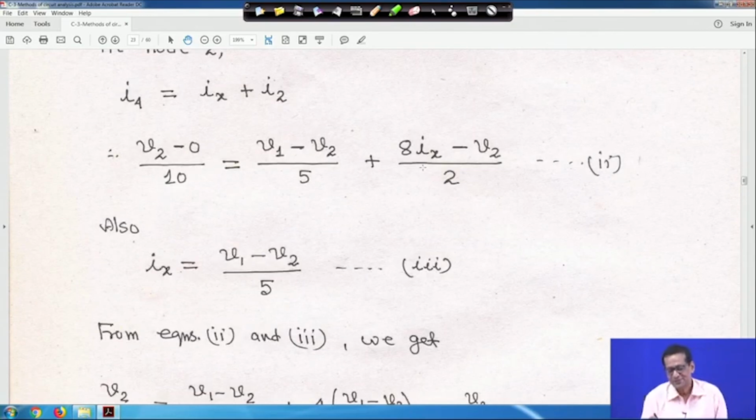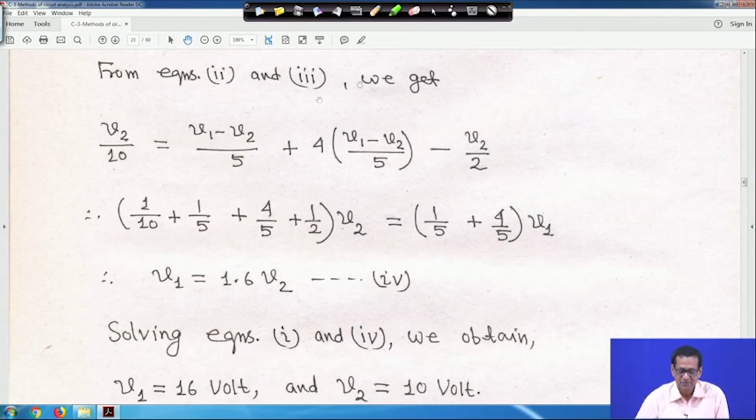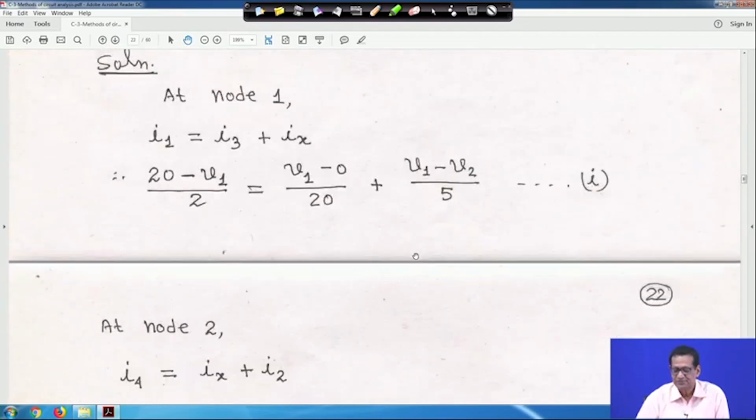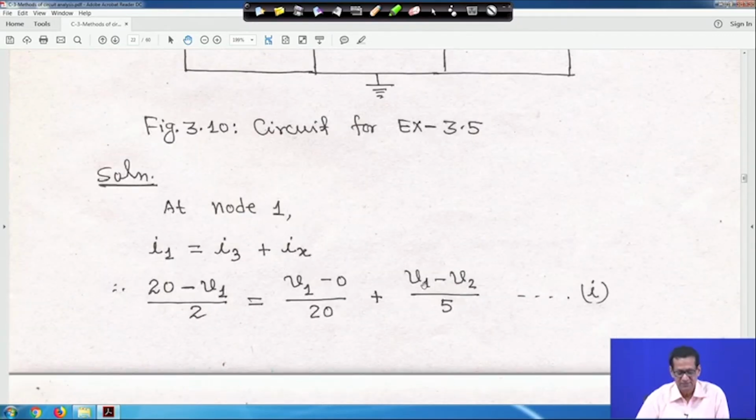Ix, I told you, is (V1 minus V2) by 5; you have to put it here. So, from equations 2 and 3, upon simplification, we get V1 is equal to 1.6 V2. This is equation 4. Now, solve equations 1 and 4, in terms of V1 and V2.